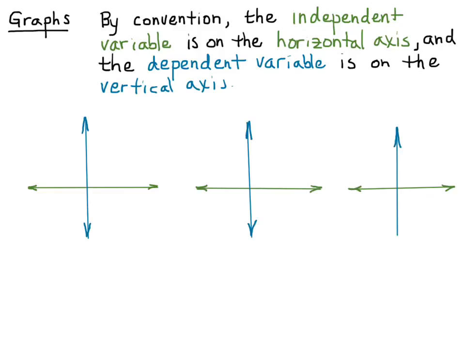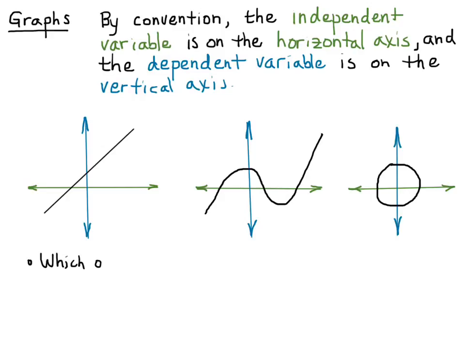Okay, so let's look at a few graphs here. Here's a line, a curve, and a circle. They're all perfectly good graphs. So which ones of these three are functions? The first two. Certainly the first one, that's a line.